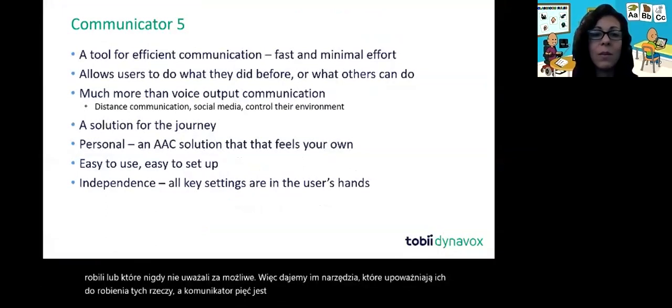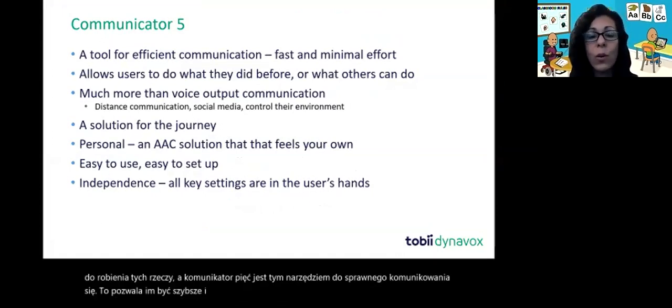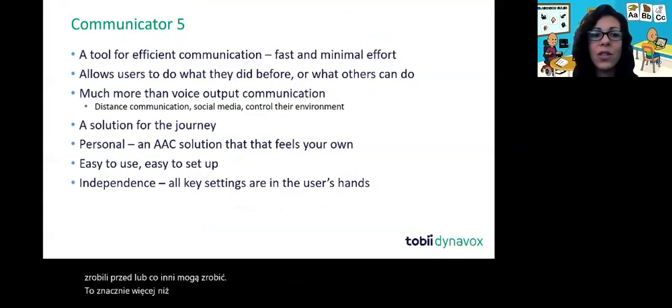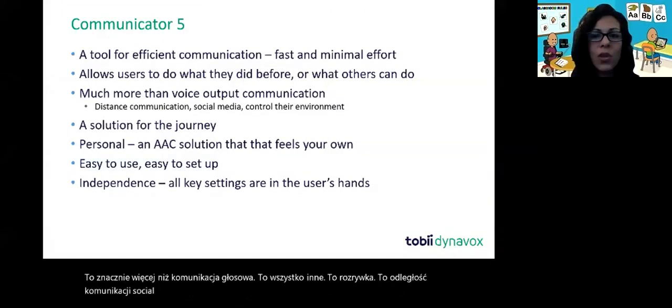It allows them to be faster and exercise minimal effort. It allows the users to do what they did before or what others can do. It's so much more than voice output communication. It's everything else. It's entertainment, it's distance communication, social media, environmental control, and it's also a solution for the journey.